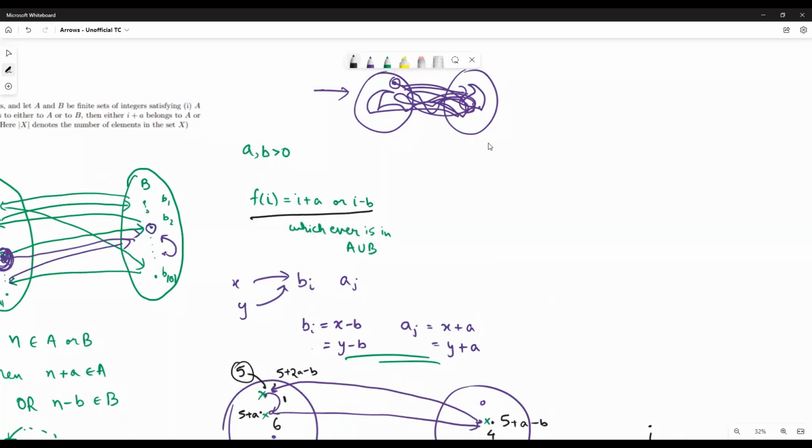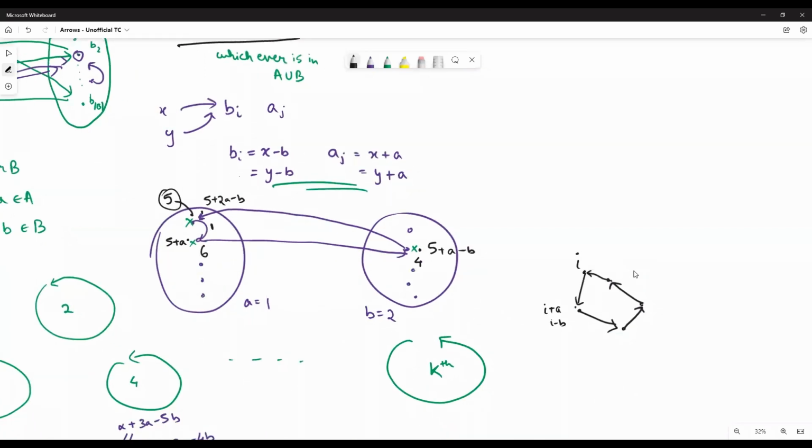So this can be I plus a or I minus b. This can similarly be j plus a or j minus b, and we continue along. So in the end, we get I plus some times of a minus some times of b.